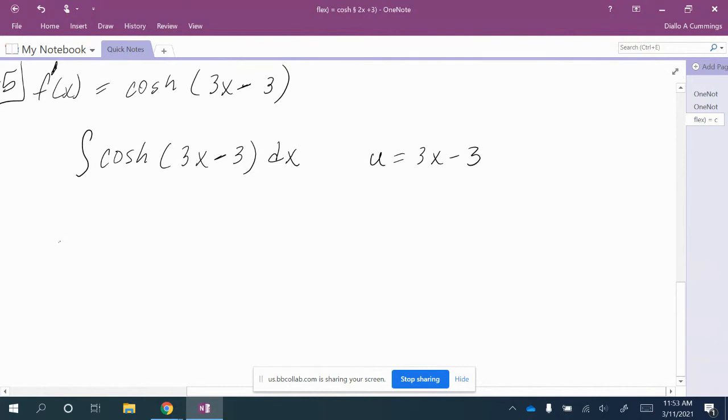Right? So that will allow me to write this as the integral of the hyperbolic cosine of u. However, I'm left with dx. So in order to transform dx into the du variable, I'm going to take the derivative of my substitution equation with respect to x for both sides.